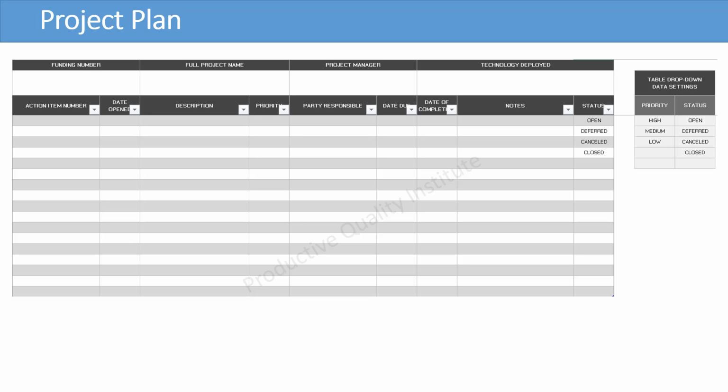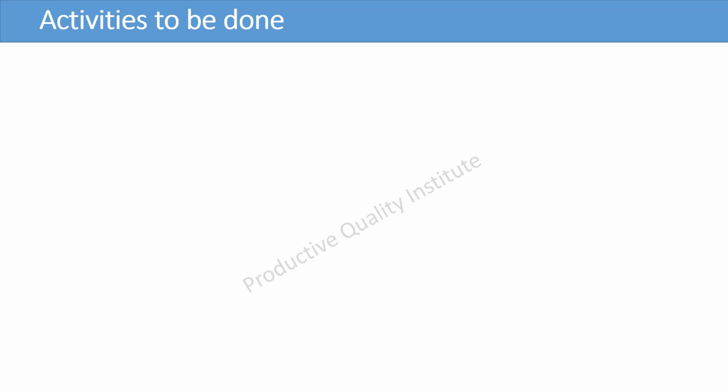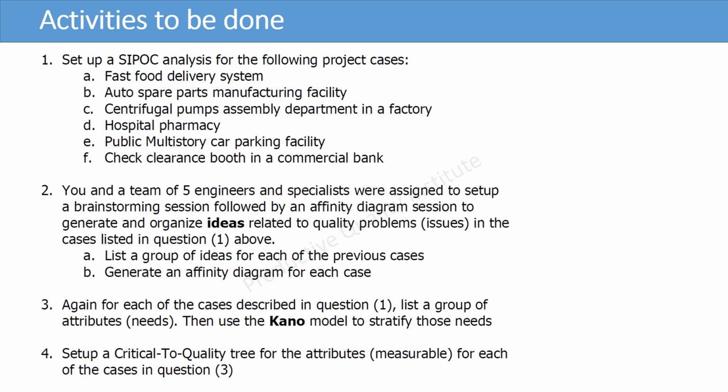For every action, you should state the start date, the description, the priority, the party responsible, the due date, the date of completion, and the status. Please check the activities of the define phase in the course material or in the resources. Please perform the required activities and send your outputs by email for assessment.